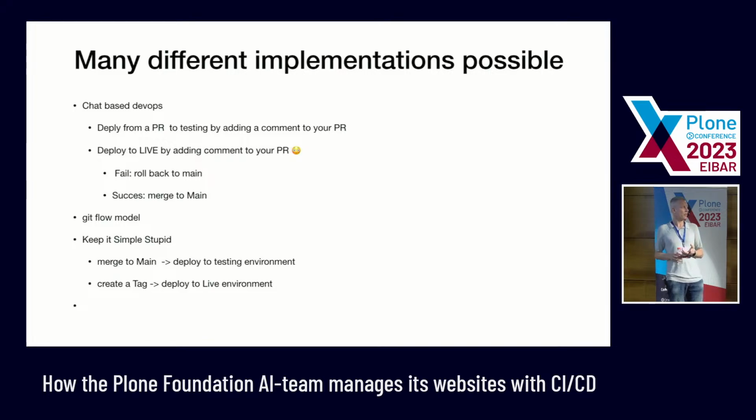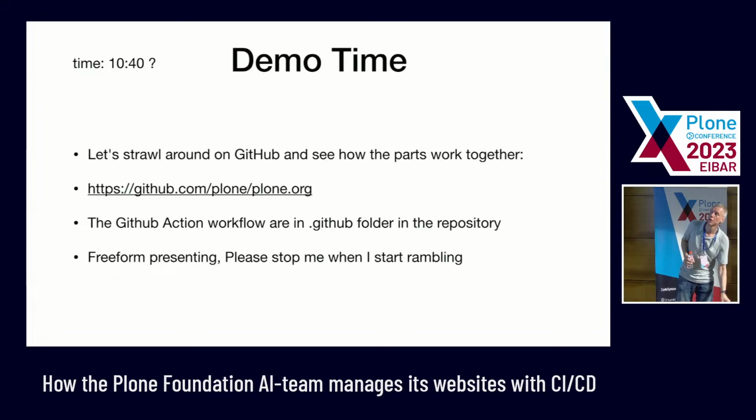So you deploy to live by keeping the PR open. And then your failsafe is roll back to whatever is on the main. And when everything is working fine after a while, you merge the PR and your main becomes the new live thing. You've got Git flow. Like I said, for this part, after a few months, we kept it simple, stupid.